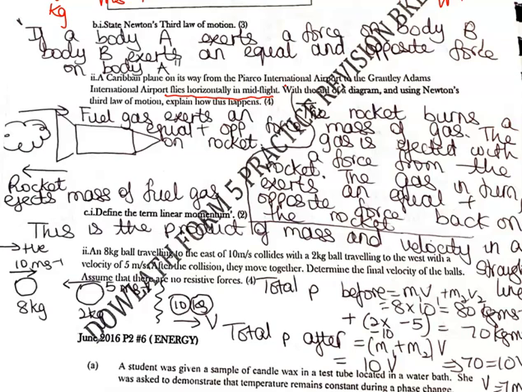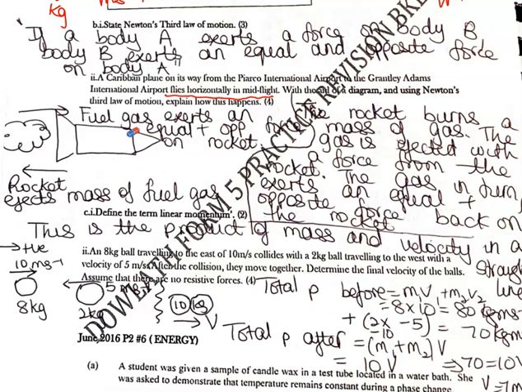So when it flies horizontally in mid-flight, that simply means, guys, that you have no vertical motion experienced by this airplane. So whatever forces, let's say I have a lift and I have a weight force, those two will be equal. So we don't consider them in this motion.